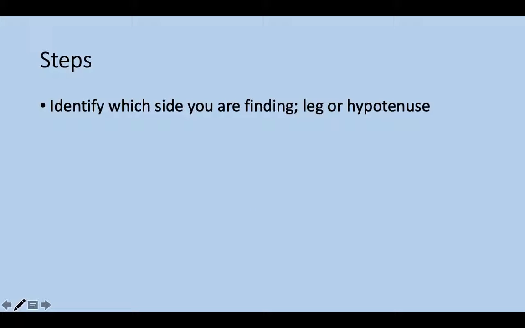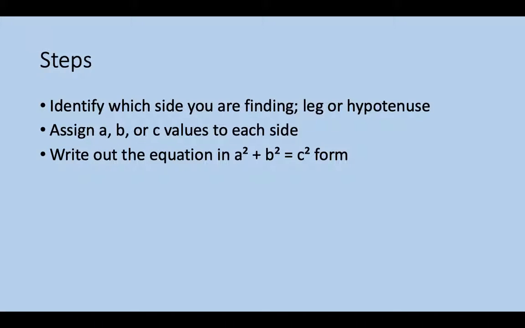All right, steps to solving for a missing side of a right triangle. First, you want to identify which side you're finding. Are you finding a leg or a hypotenuse? Next, you assign your a, b, or c value to each side. Write out the equation in your a squared plus b squared equals c squared form, plugging in the lengths of the sides into that equation. Then you perform the order of operations.